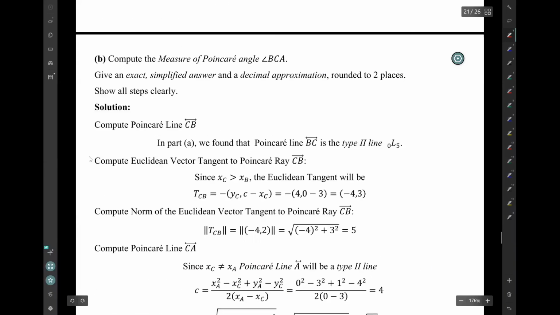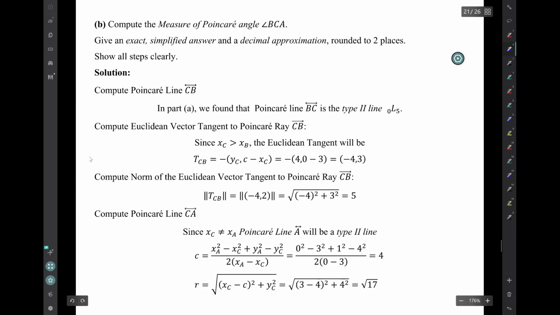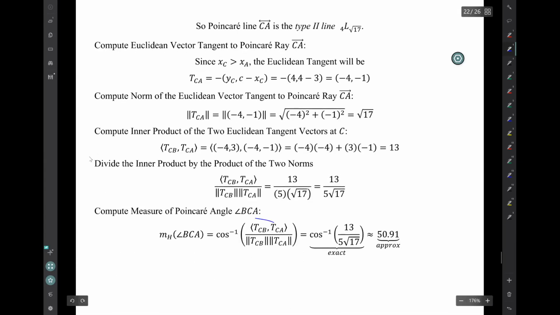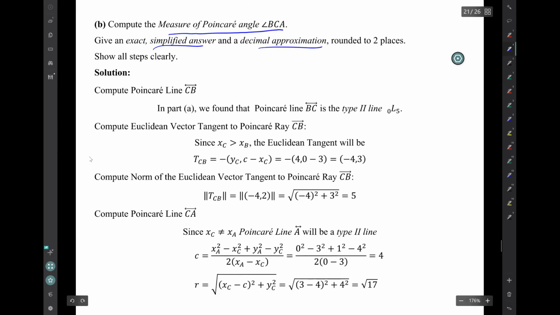Let's go on. Question B is to find the measure of Poincaré angle BCA, giving an exact simplified answer and a decimal approximation, showing all steps clearly. Let's look forward. Our goal is to do this calculation, and we're going to need all these parts. So I follow a procedure just like in part A, writing down the calculations I'm going to do before I do them.